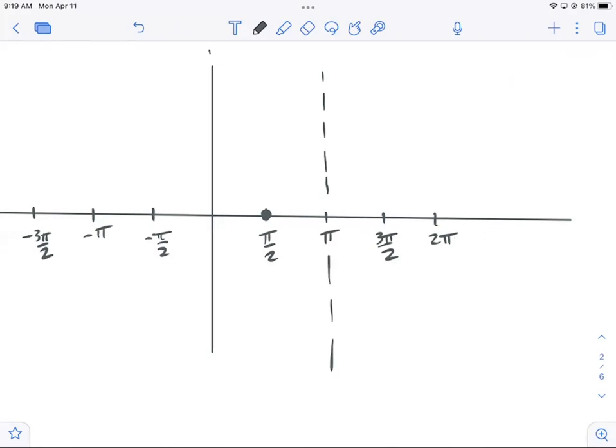And now we alternate the exact same way. Now, there's one little thing that's different about cotangent aside from the vertical asymptotes now being multiples of pi instead of odd pi halves.